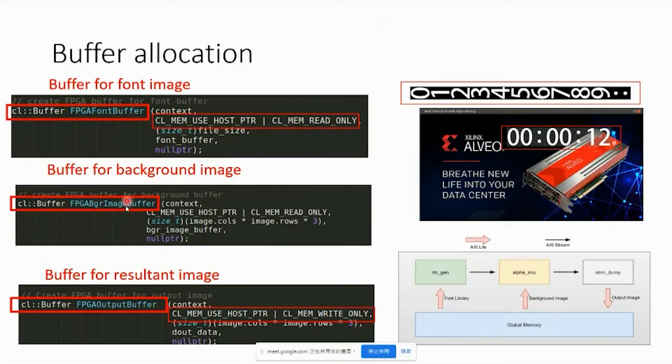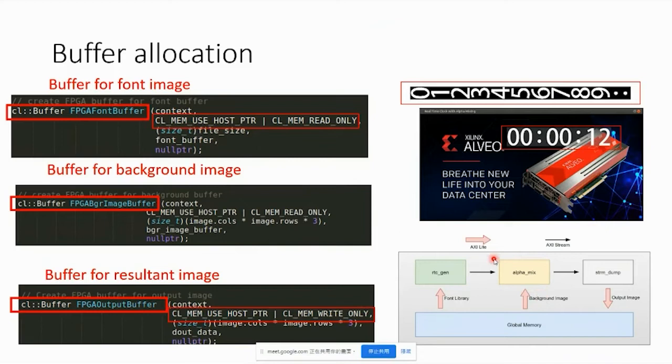So we allocate 3 buffers for these 3 kernels, and we can see a typical buffer allocation looks like this. Oh, by the way, the memory used here is located in the host memory. So we pass the host memory. We take a host memory space as a buffer, and we can specify, for example, use host pointer and read only. On the other hand, we could have write only here.